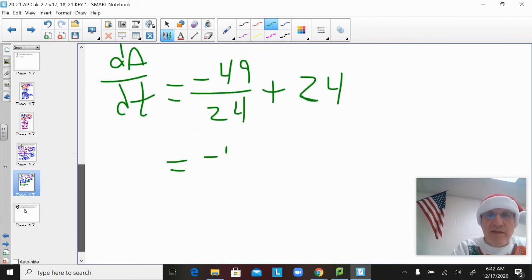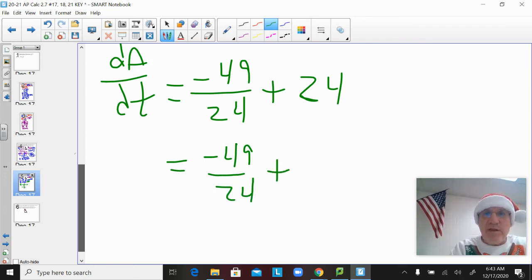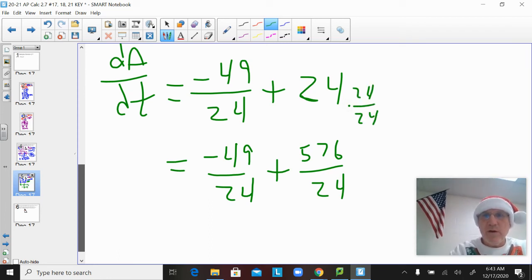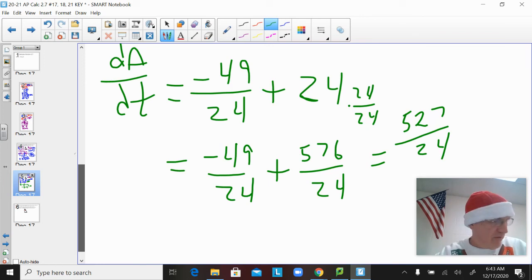If I write that with a common denominator, it would be 576 over 24. I just multiplied this by 24 over 24. So that turns out to be 527 over 24. This is dA dt, and that would be feet squared per second.